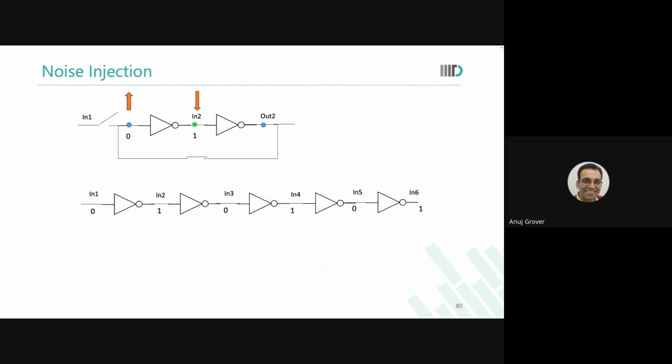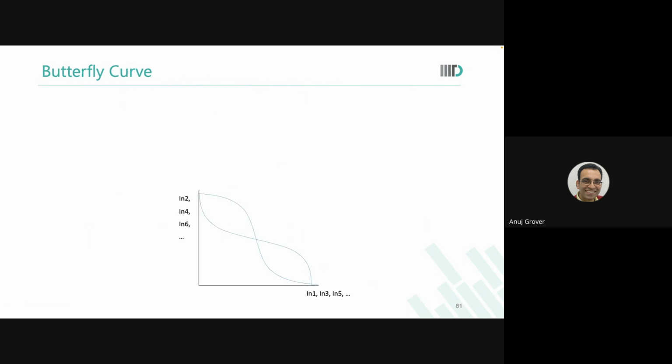And just like in this latch, where I had put an up noise and a low noise, I put that kind of noise here. Are you with me? And then we see how the device moves on this butterfly curve. All the inverters are the same, so the butterfly curve will also be the same.